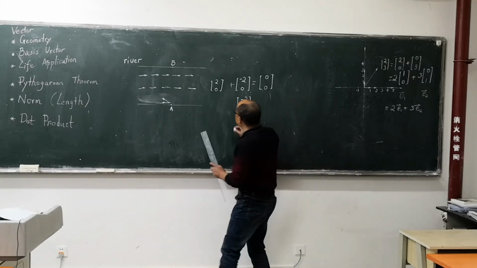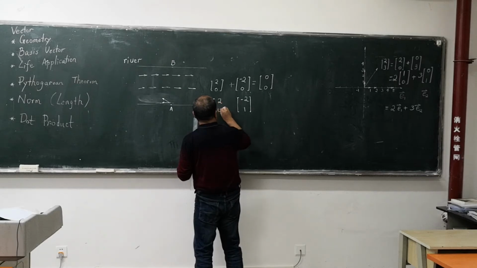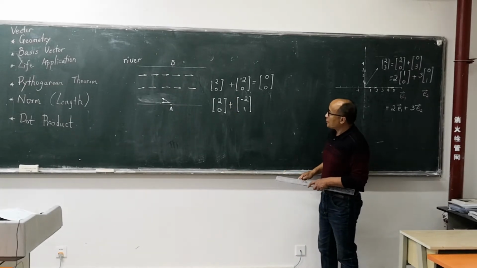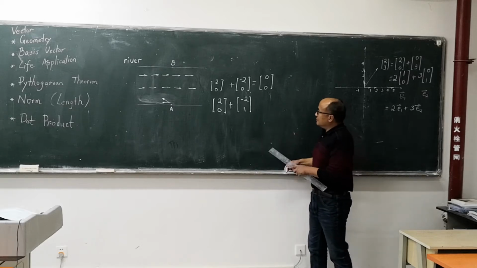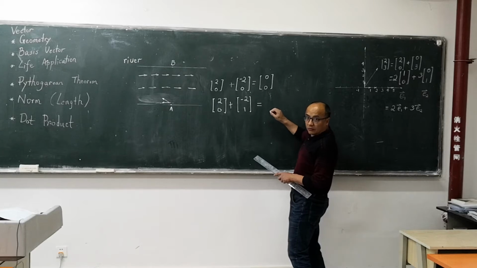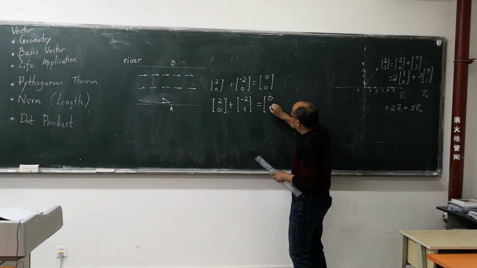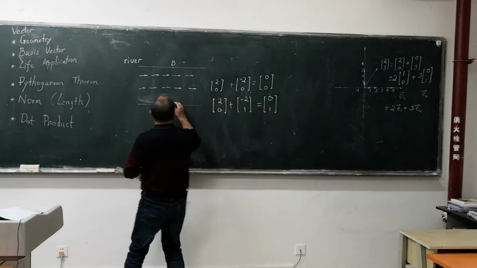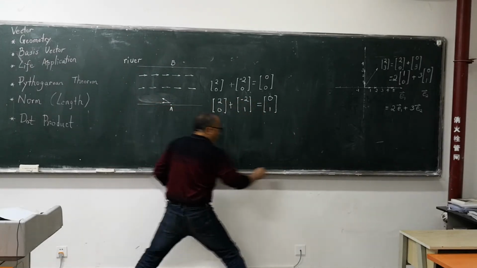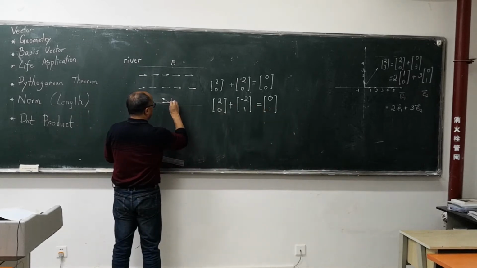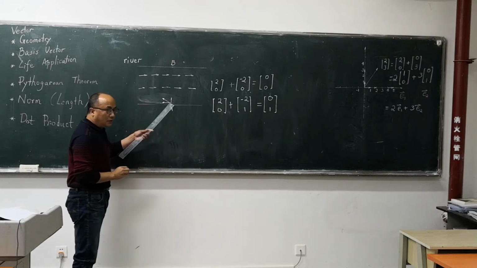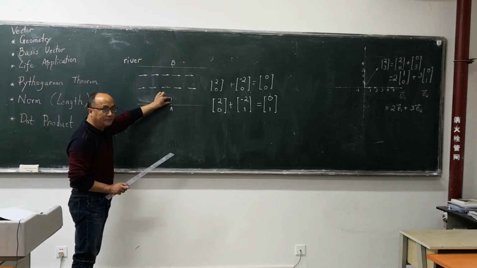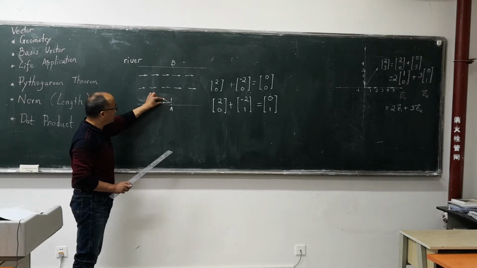What is your boat doing? 0, 1. So the final result is your boat is going straight, but with this much speed.